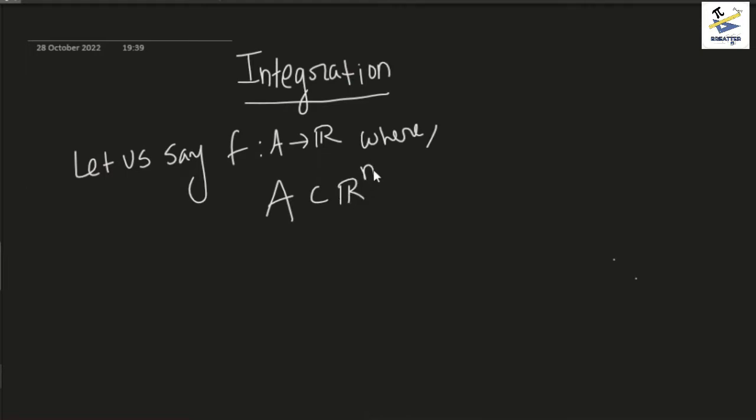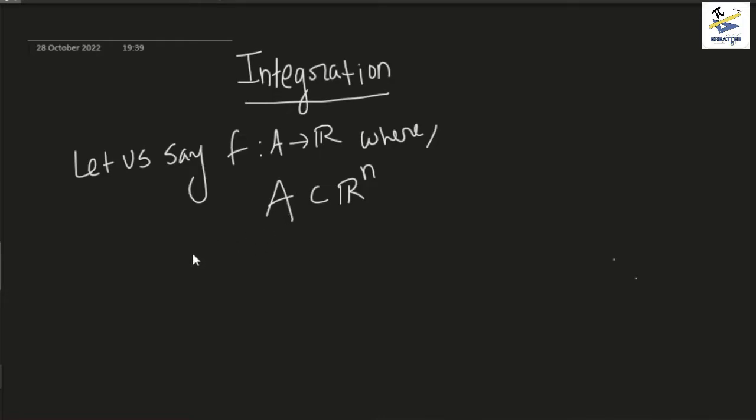Okay, so f is a function which goes from R to the power n to R basically, and this function f can be treated like a multivariate function with n inputs. There are multiple ways to define that, but what we are considering here is that A is a proper subset, and we are going to do an integration over this region.